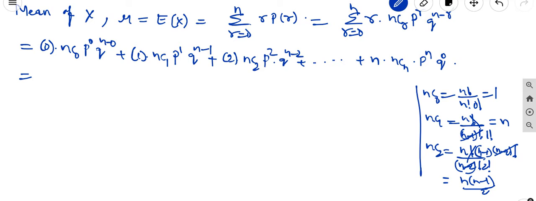These are the values. So nCn is also n factorial by n minus n factorial into n factorial, that will be 1.